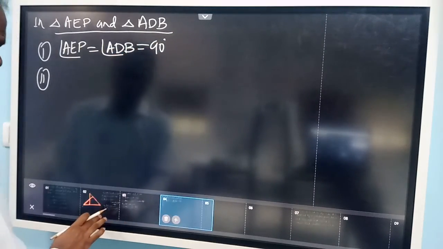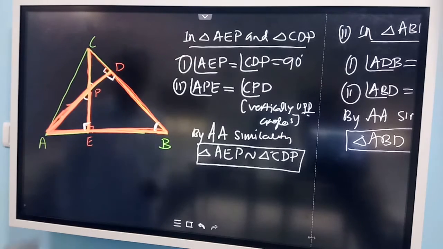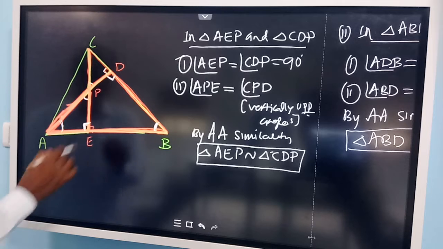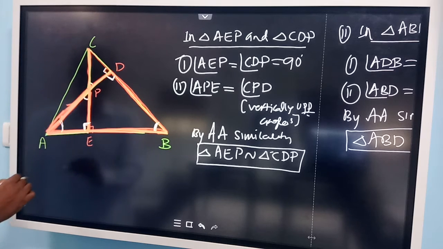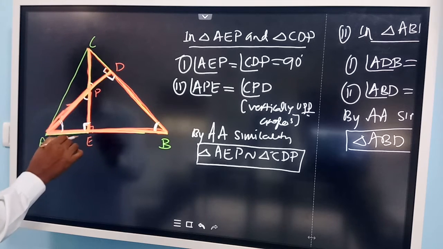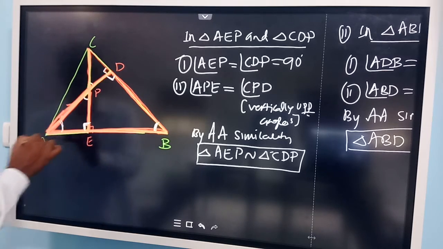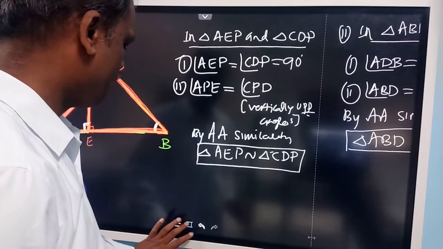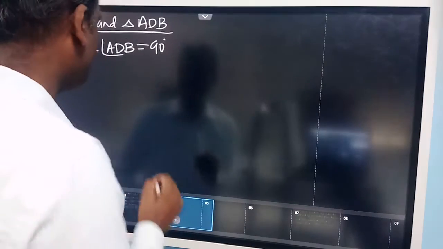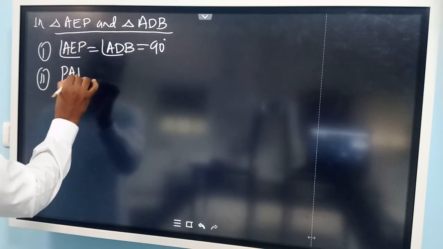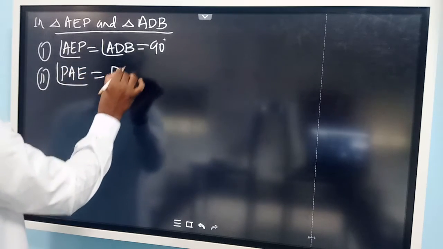Then come to these triangles. In both the triangles, look at this angle: angle A is common. So angle PAE is the same as angle DAB.